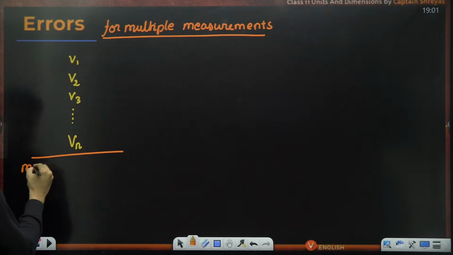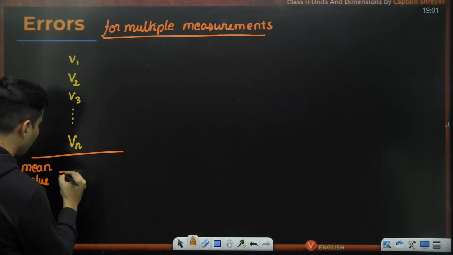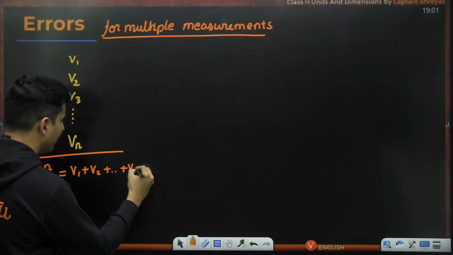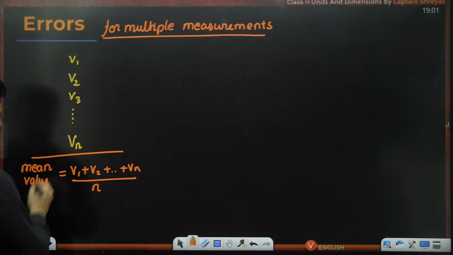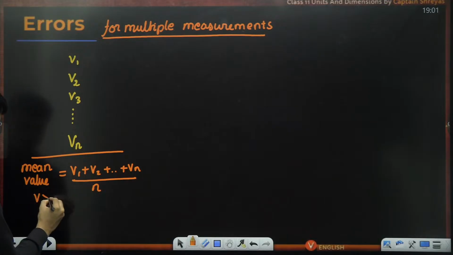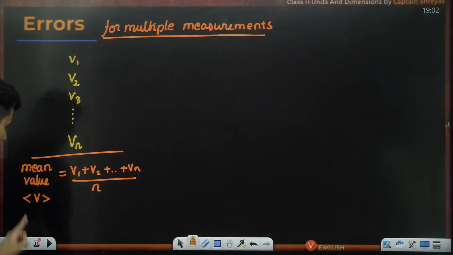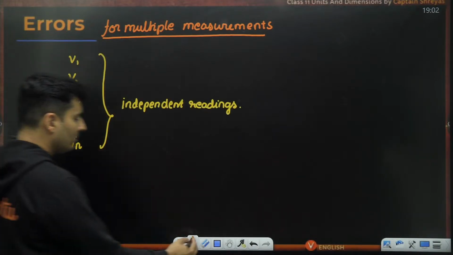This is also called the mean value, which will be simply V1 plus V2 like that till Vn, the whole thing divided by the number of readings. The mean value often is represented with a symbol like this. The triangular brackets represent average. So keep this in mind.